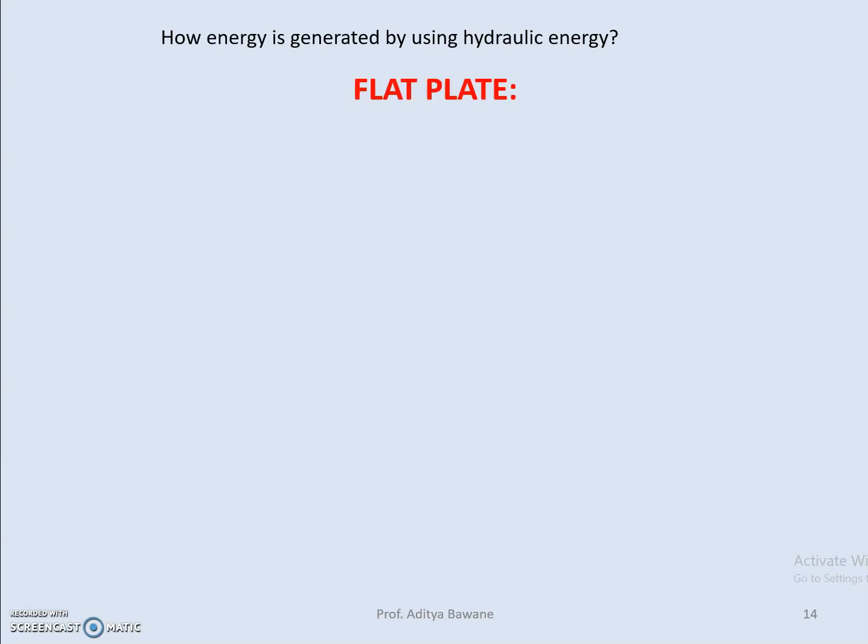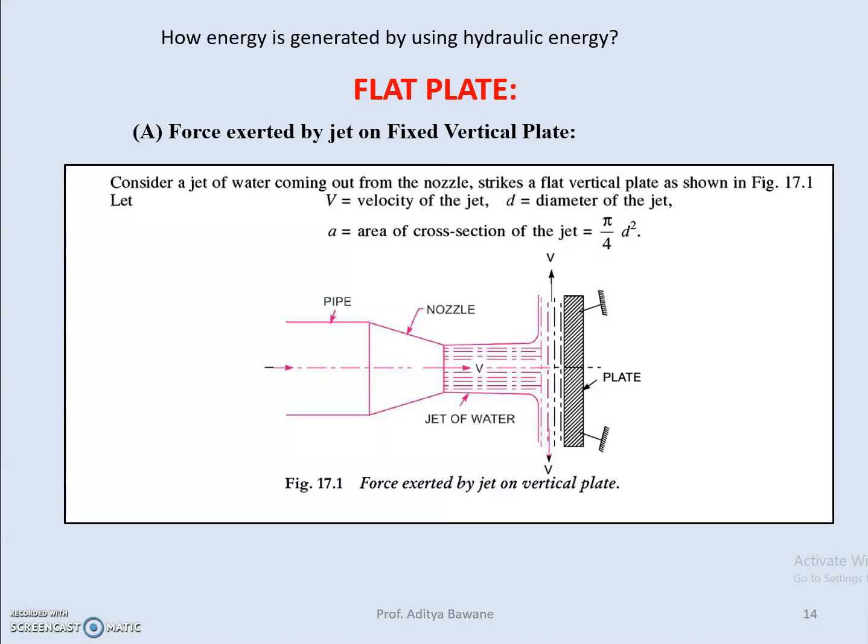For that, there are different ways we can calculate the force. So let us see case by case. The first case is the flat plate. In the flat plate, first is the force exerted by the jet on a fixed vertical plate. Let us consider a jet of water coming out of this nozzle and striking the vertical plate, which is fixed.